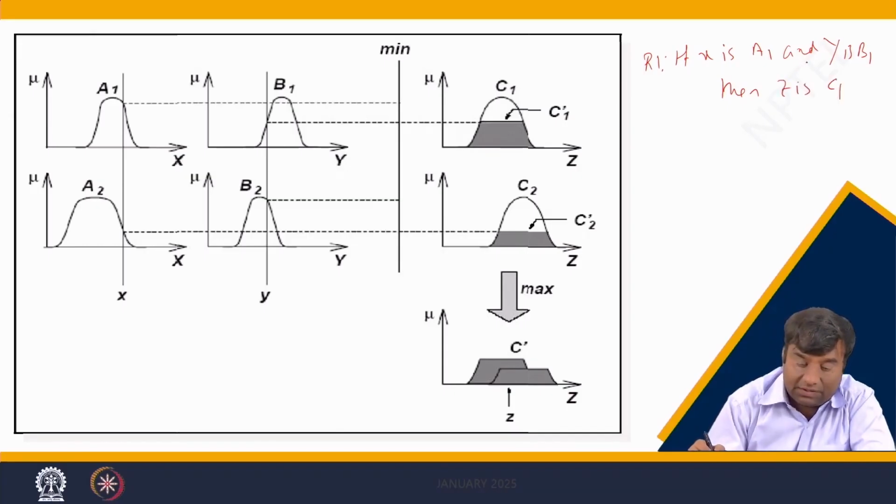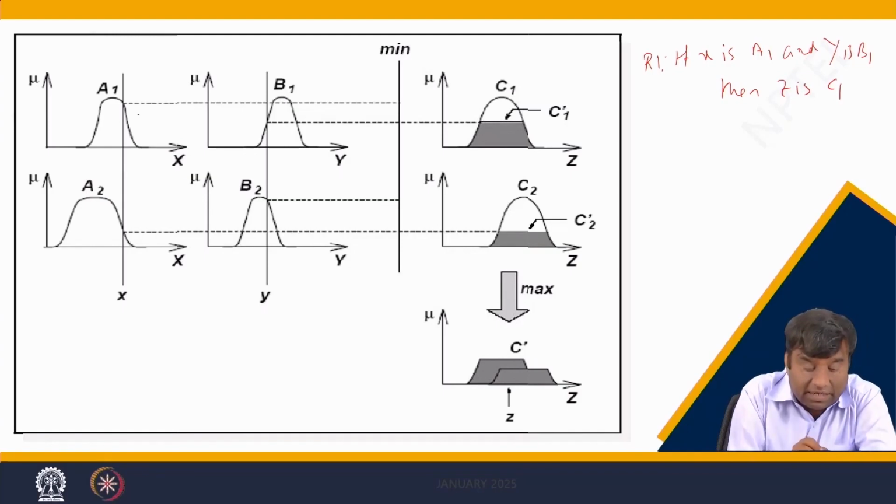Here the connection is and. This is the value of x, so that is mu x. This is the value of y, so this is mu y. Here the operation is and, so we take the minimum value, and that gives C1.